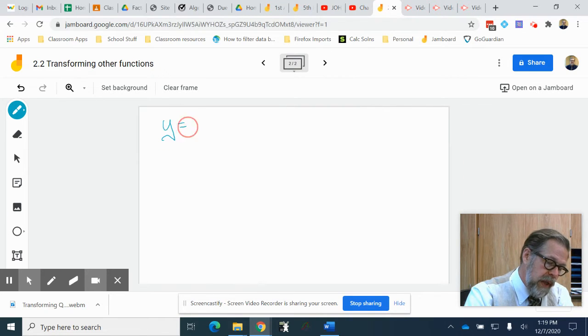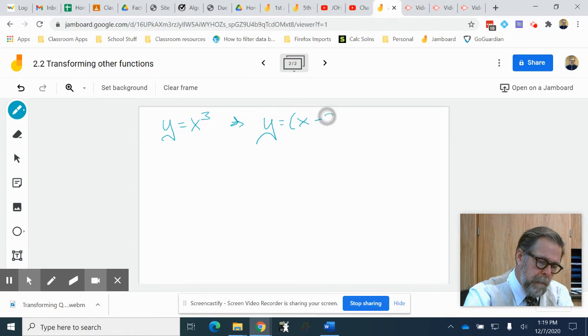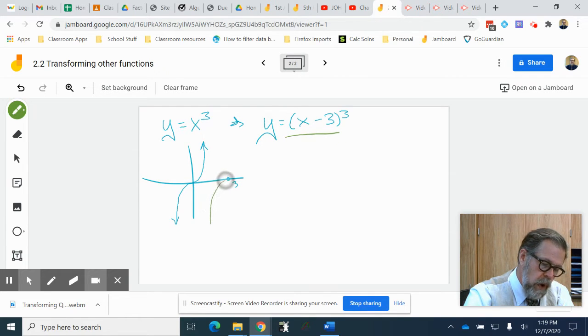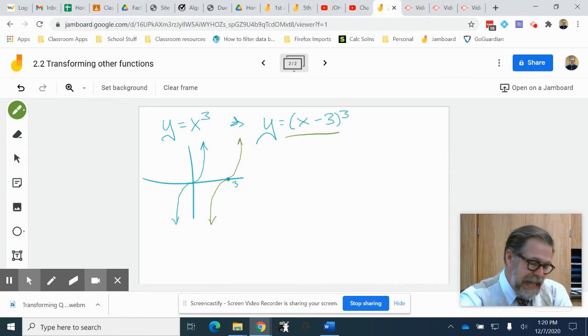Parent graph y equals x cubed. If I transform this and I write y equals (x minus 3) cubed, my graph goes from y equals x cubed to y equals (x minus 3) cubed.